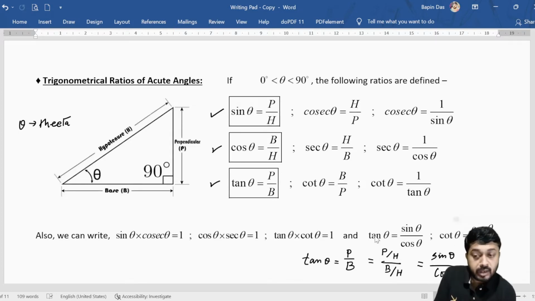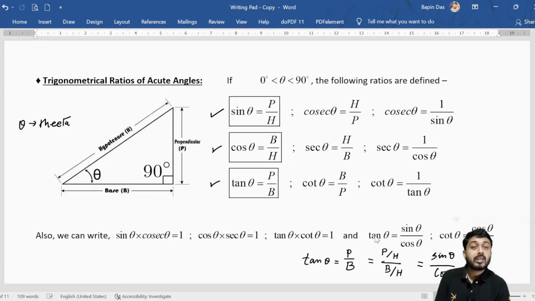Listen, once again I'm telling, sine theta is not equal to sine into theta. Without theta, sine is meaningless, without theta, cos is meaningless, and without theta, tan is meaningless as well. They are combined together. That doesn't mean sine theta equal to sine into theta, of course.